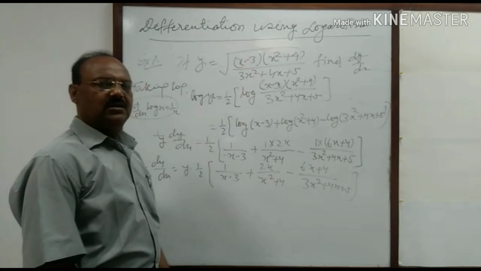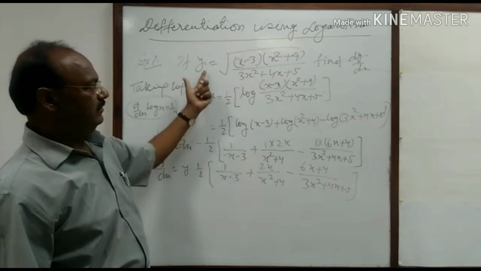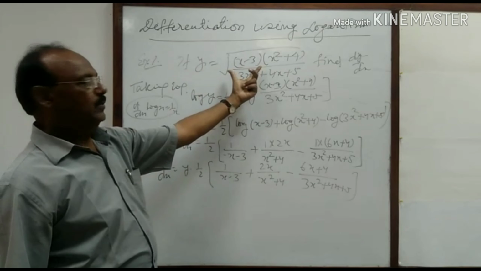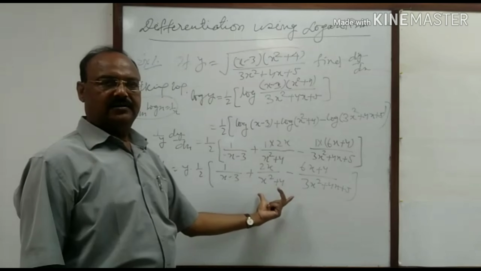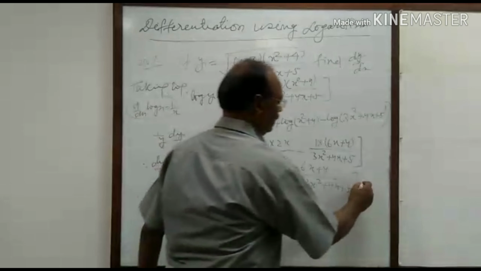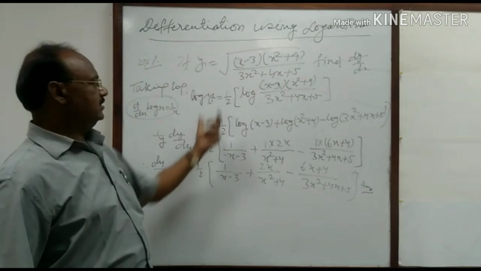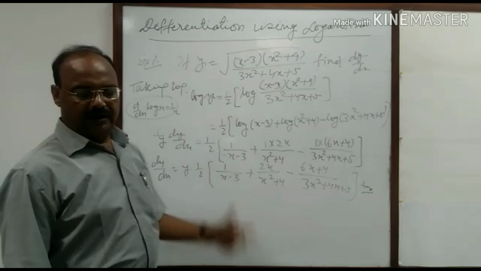In fact, we have got the result here. We just have to put the value of y which has been given in the question. y is equal to this much. So by putting the value of y here, we will get the answer. Just put the value of y in this step and we will get the result. Let us see the next question.